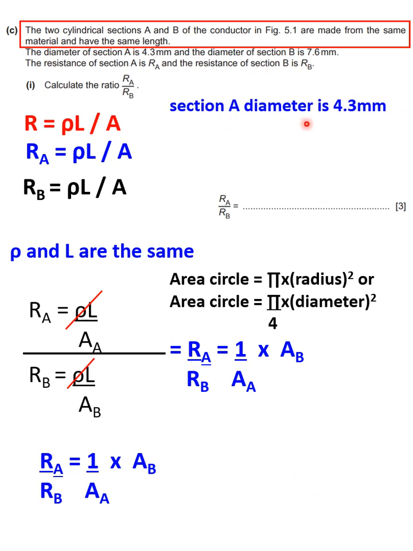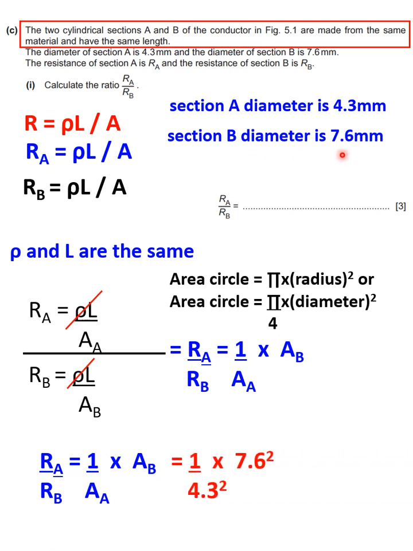So here the diameter of section A is 4.3 and section B is 7.6. Since the diameter is squared, it's 1 over 4.3 squared times 7.6 squared. So this ratio is equal to 3.1.